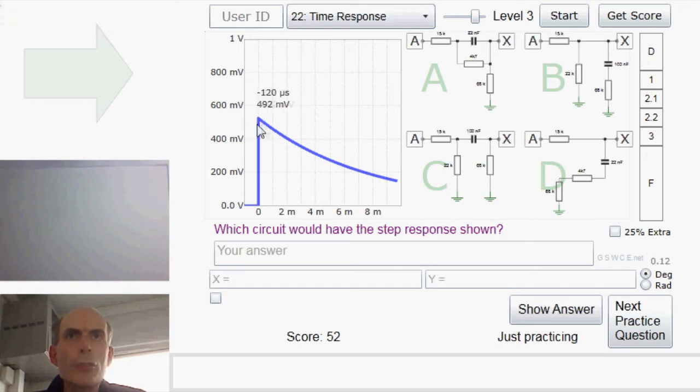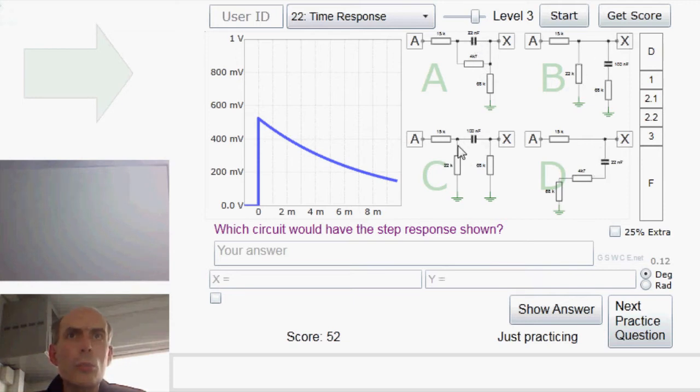So we'd be looking for something that, if we replace the capacitors by a short circuit, remembering that at time t equals 0, all the frequencies operating in the circuits are so high that you can effectively do that, replace capacitors by short circuits. You could say at time t equals 0, then all of these capacitors are short circuits.